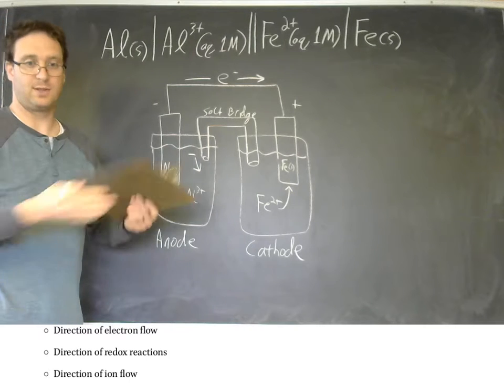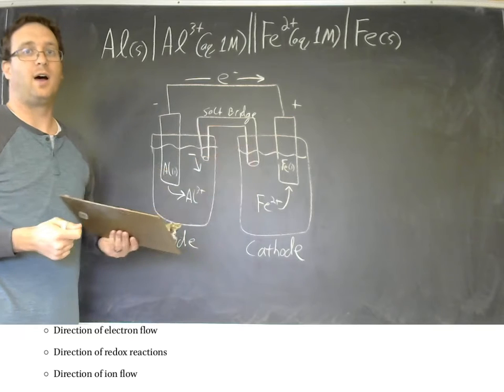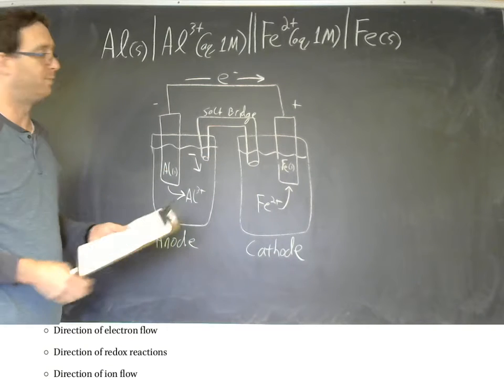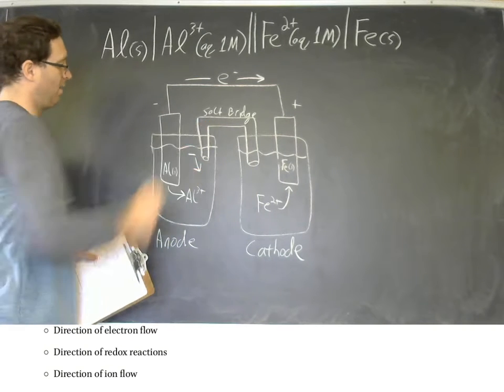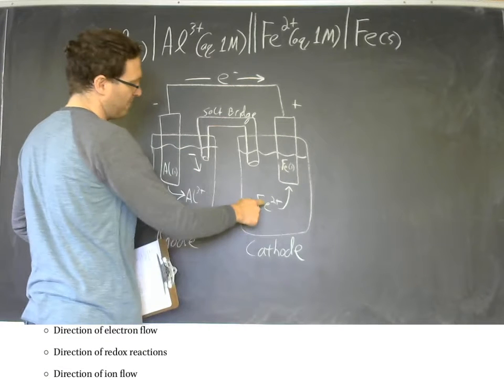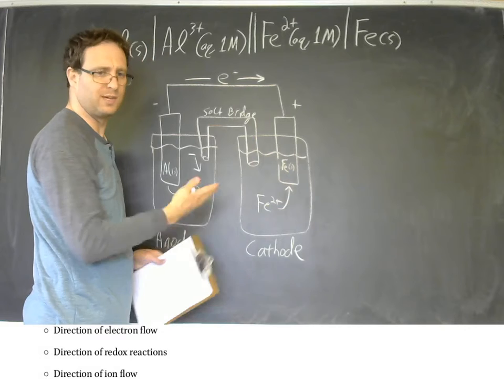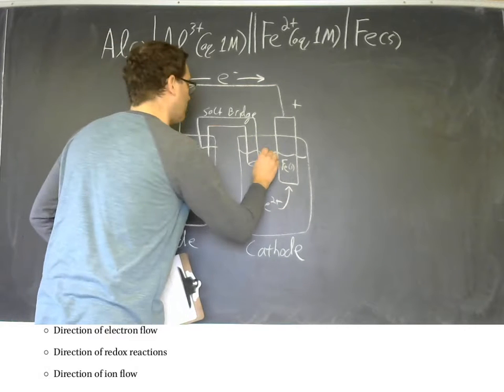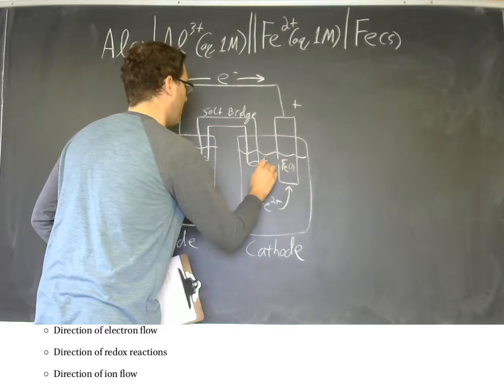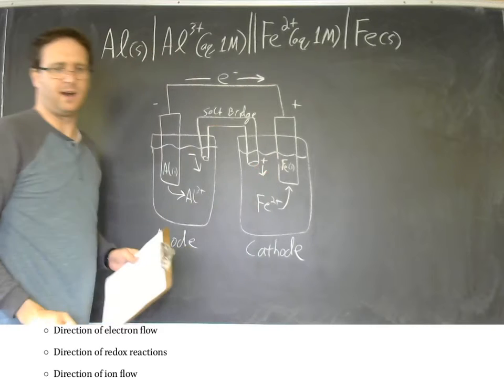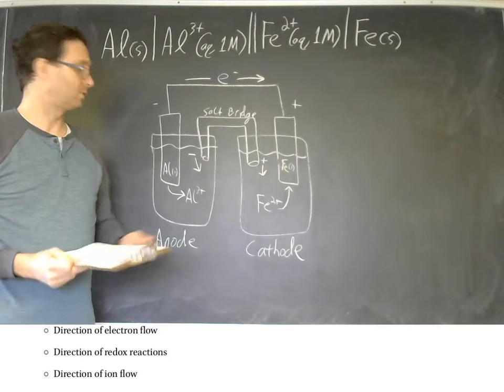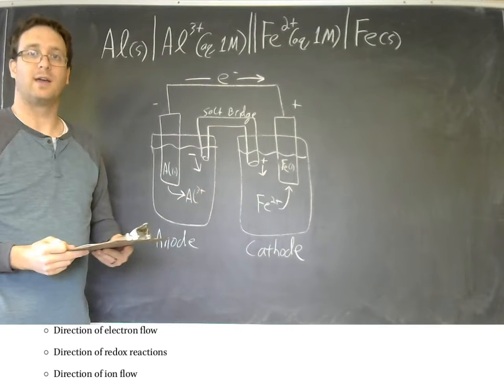There's a literal migration of ions. They are moving through space and going into the anode there. And then the cathode, conversely, is losing iron cations. It would accumulate a negative charge, except that the salt bridge will provide cations to sort of replace the iron that has been lost.